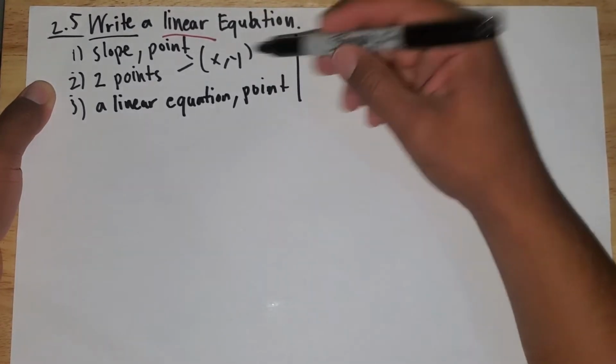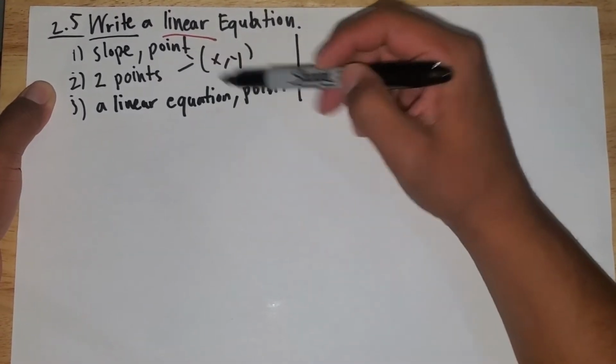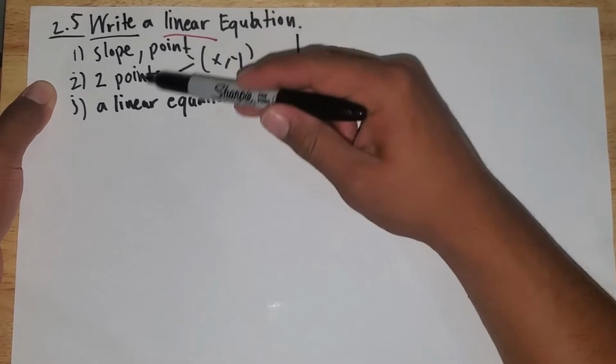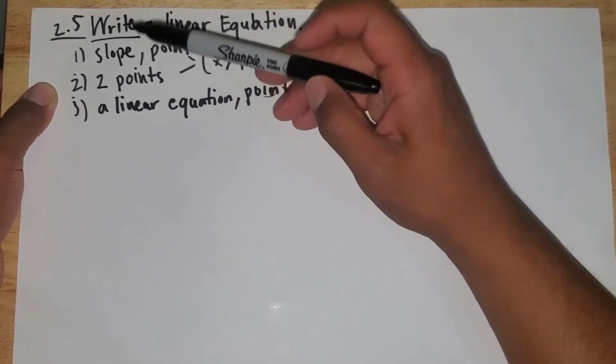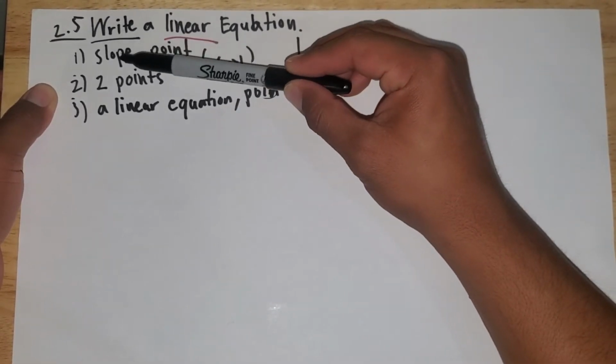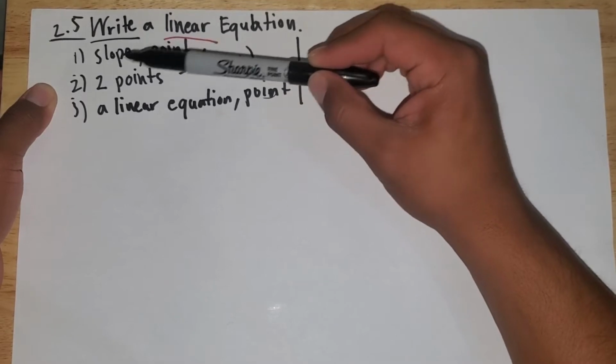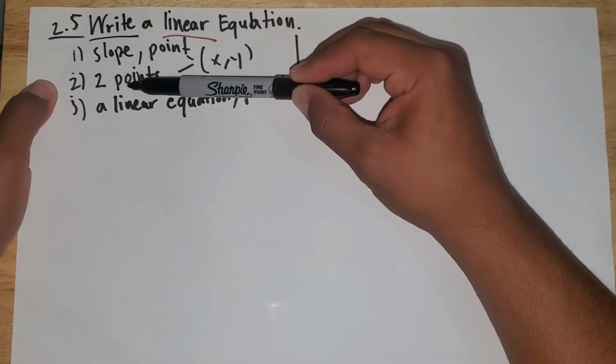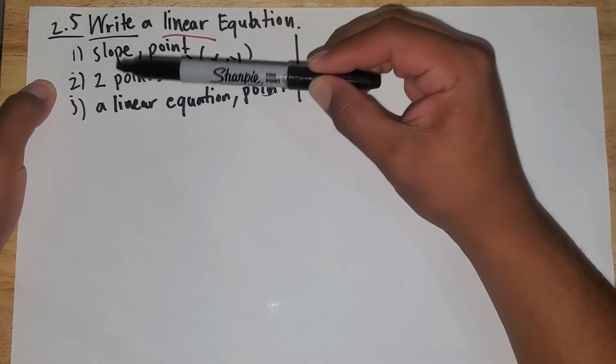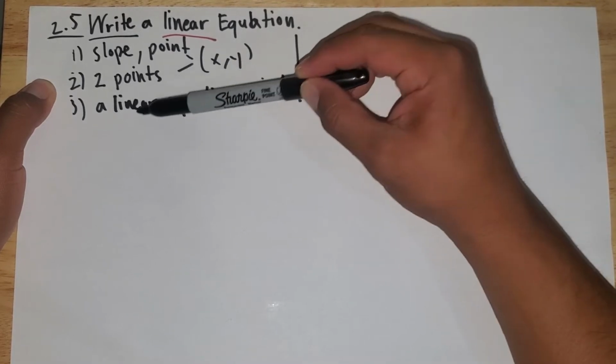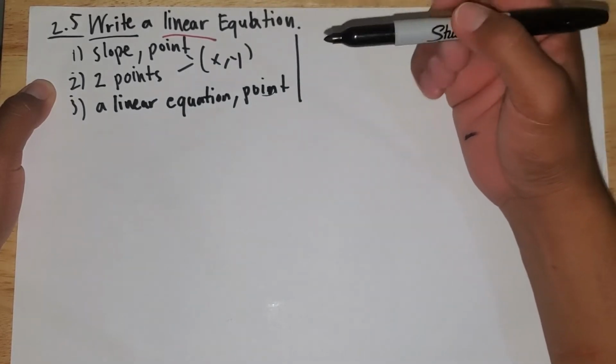So in all three situations, you're always given at least 1 point. You're always going to need that. And then in one situation, you're going to get a slope with the point. Another one, you're going to have 2 points together. And the other situation, you're going to have a linear equation with a point.